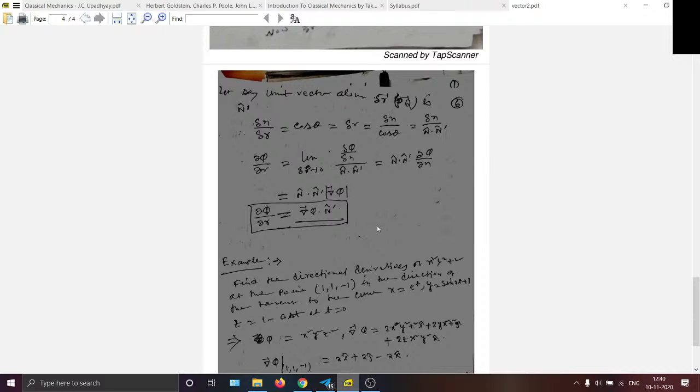You see that along n prime, from P to Q, the component of grad phi is del phi del r. It's similar to what I said for the directional derivative.